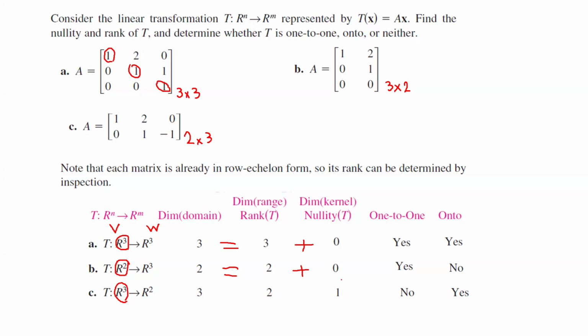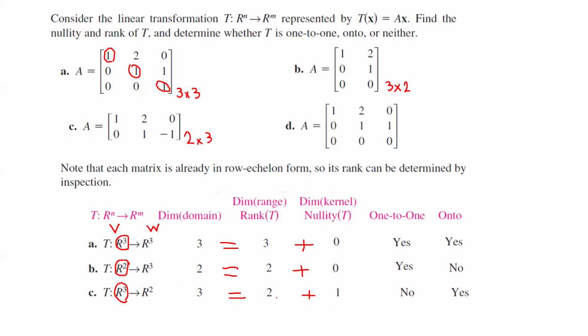The nullity is equal to 1, everybody. 2 plus 1 gives you 3. Since the nullity is not 0, it is not one-to-one. But is it onto? Yes. Why is that? Because the dimension of W is 2, and the dimension of the range is also 2.